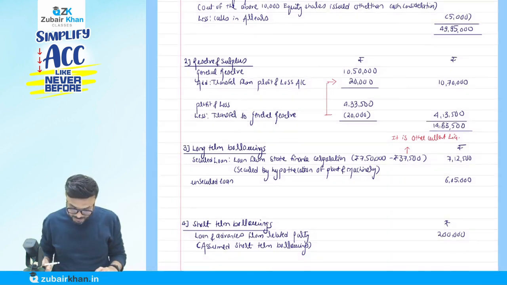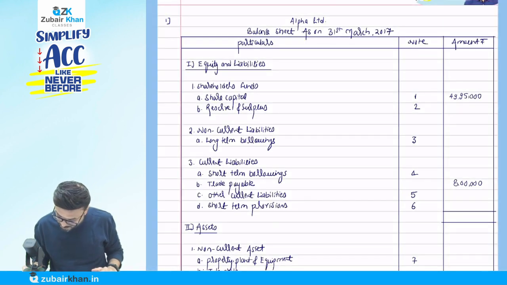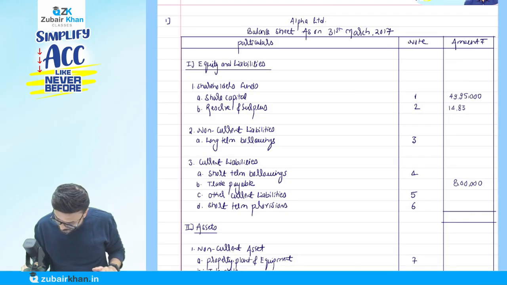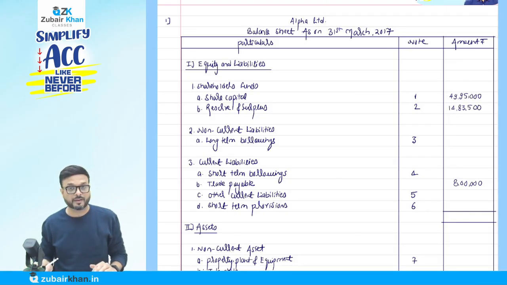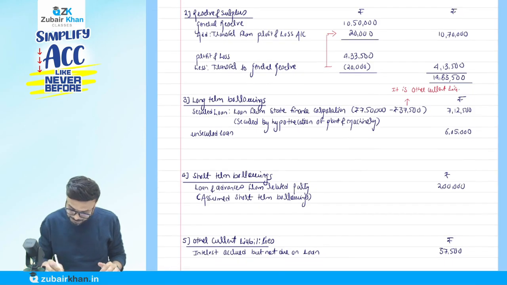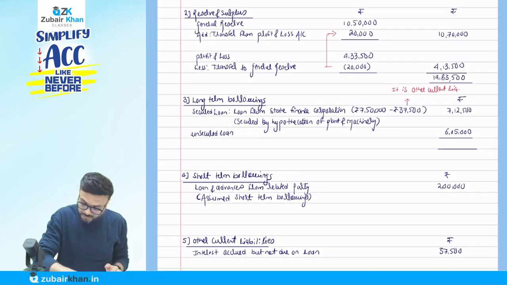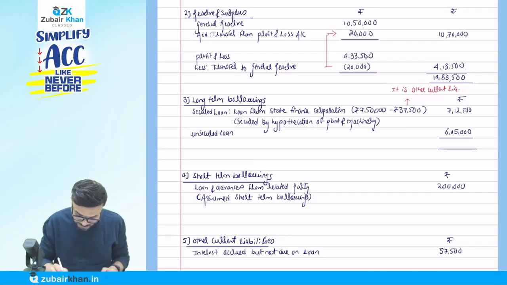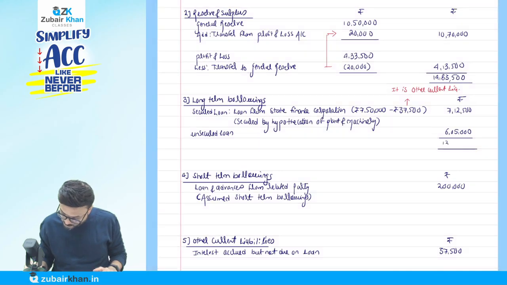Now write down in balance sheet 14 lakh 83,500. Then here is 7 lakh 12,500 plus 6 lakh 5,000. That is coming 13 lakh 17,500.